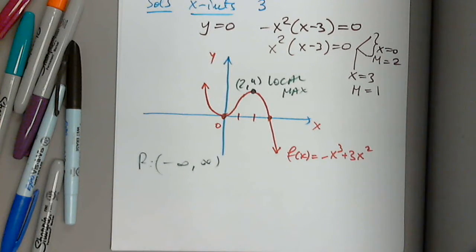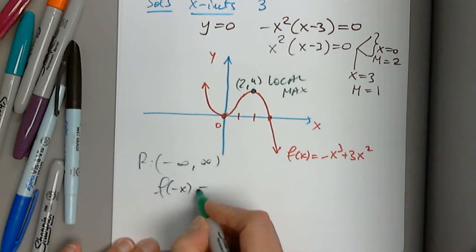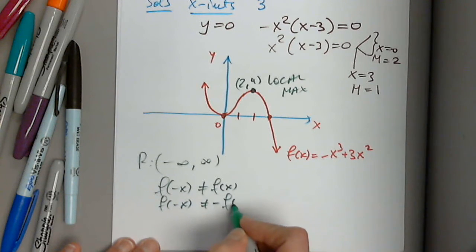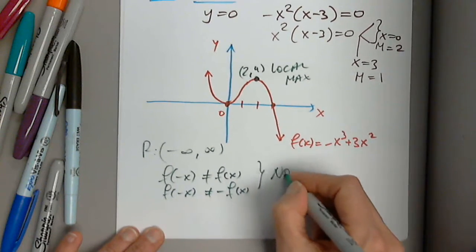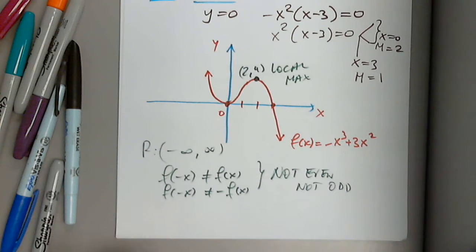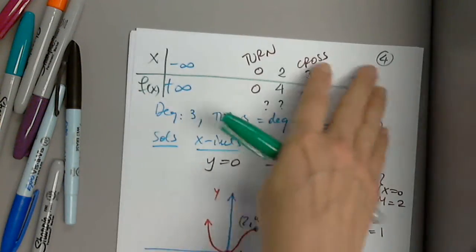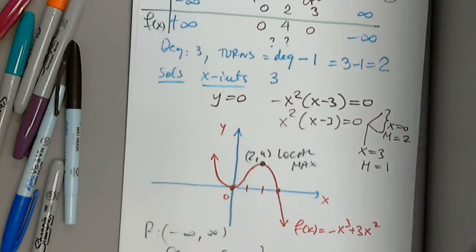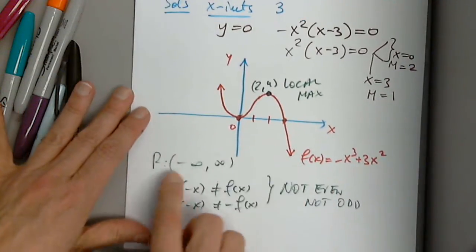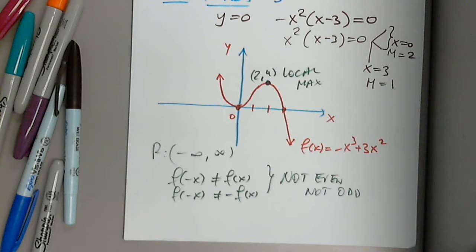I can say f of -x does not equal f of x, and f of -x does not equal -f of x, as we know, meaning not even and not odd. And I exhausted everything. Once I create this table and I have all the information in the table, and on the side, the degree and the number of turns, and the range and symmetry, I'm done. The graph should not take more than 3 minutes at the most.